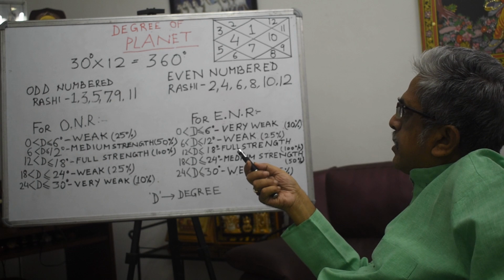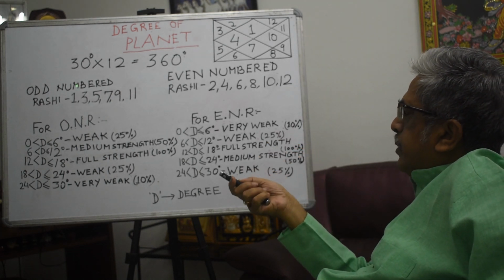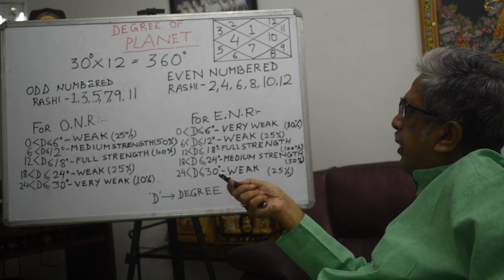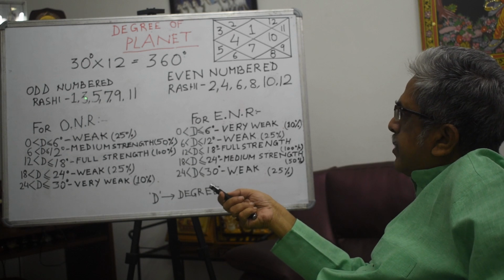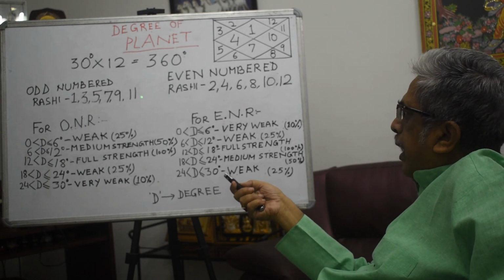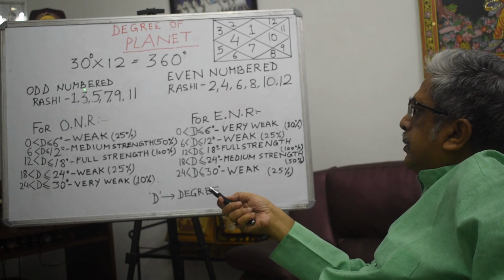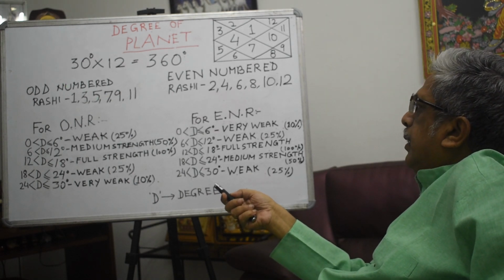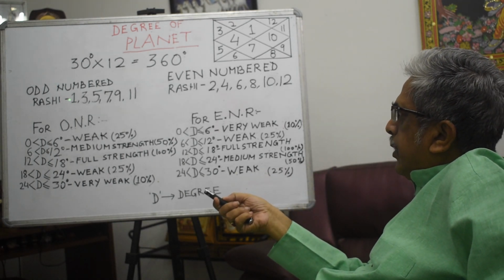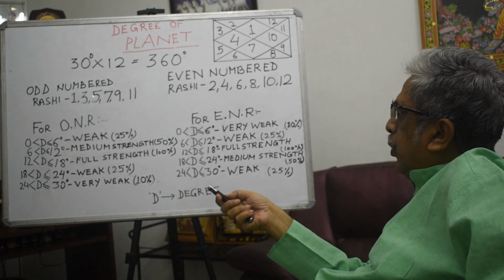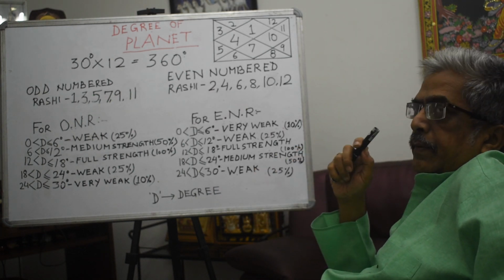Now all these 12 Rashis can be grouped into two groups, odd numbered and even numbered. Odd numbered Rashis are the digits which cannot be divided by 2, like 1, 3, 5, 7, 9, 11. So it is Aries, Gemini, Leo, Libra, Sagittarius and Aquarius.